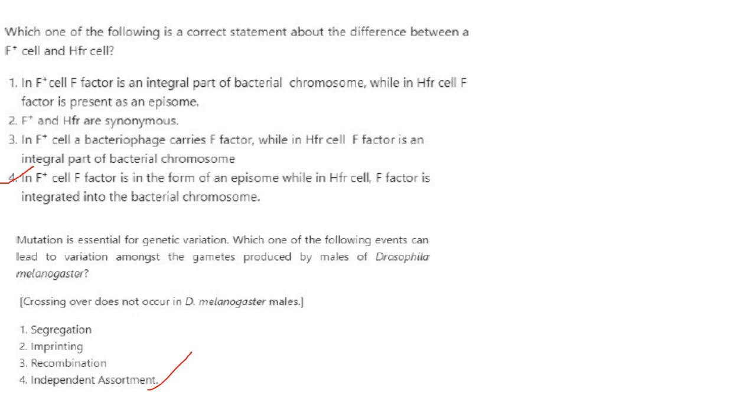So in 1 and 2, it does not cause recombination. So they have asked mutation, there is no crossing over, means option 3, that is recombination is also not causing variation. So what is left out? Independent assortment. Answer is option 4.